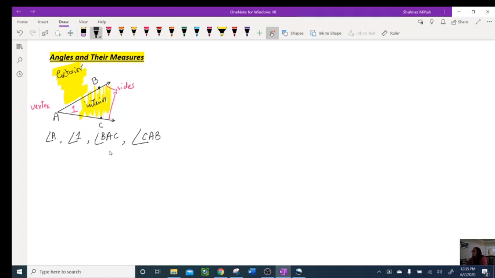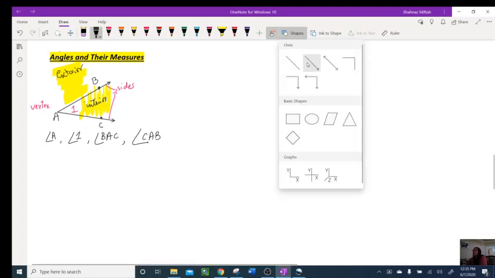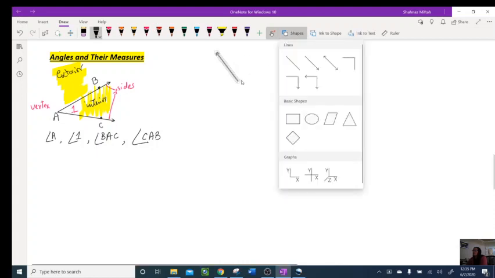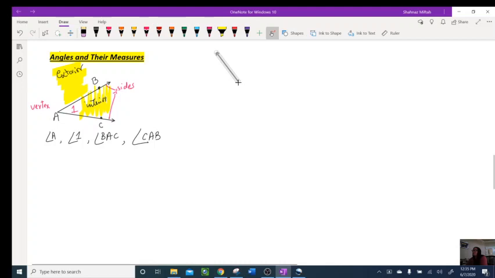Now, for example, I'm going to make another angle, really quick. Okay, this is gonna go right there, and I hope it goes good. And then one more right there in the middle.